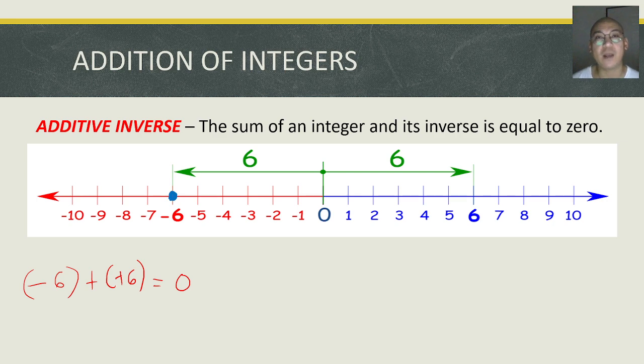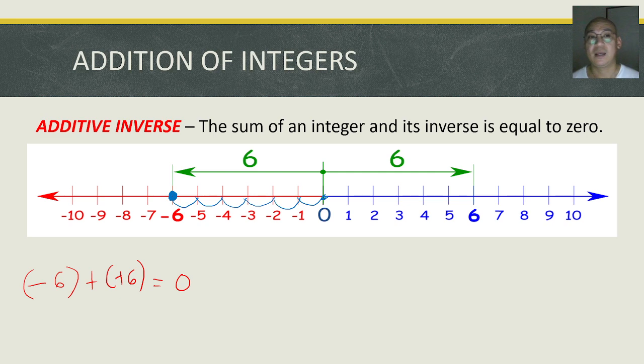Take note that if we are saying positive on a number line, we are going to the right of the number line. And if we say negative, we are moving to the left. So from negative 6, we will move 6 units to the right as it is positive. 1, 2, 3, 4, 5, 6. So we'll end up with 0.